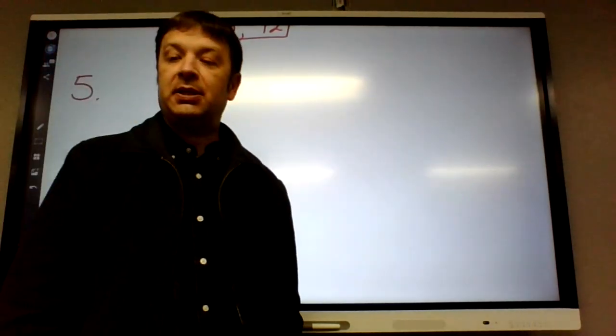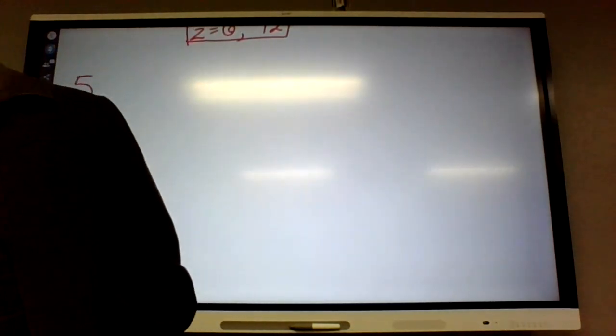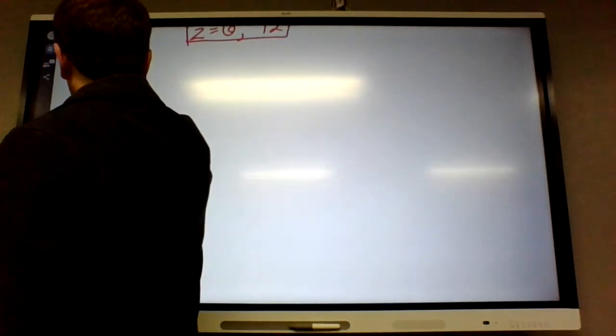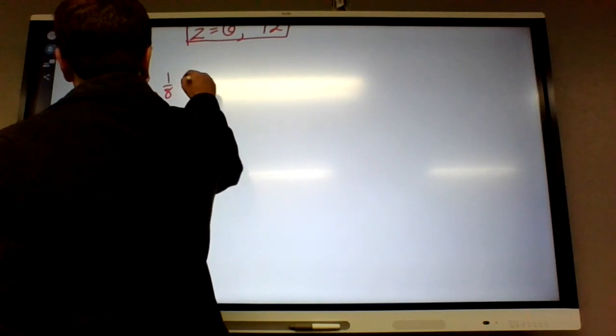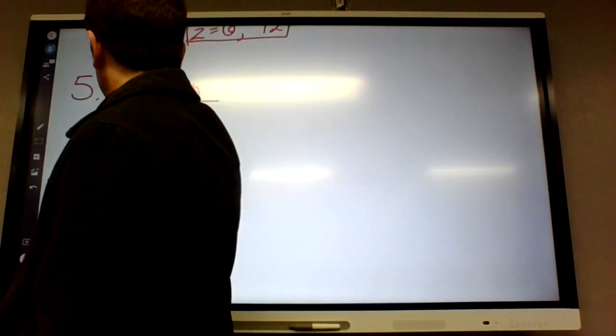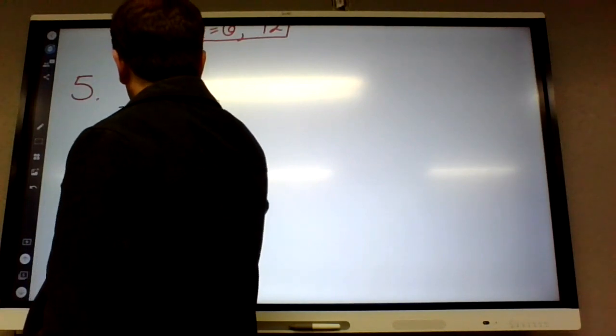Okay, number 5, it says find the scale factor for a 16 1/8 inch tall scale model of the 129 foot tall Jefferson Memorial. So basically, they're giving us the ratio of 16 1/8 inches to 129 feet.